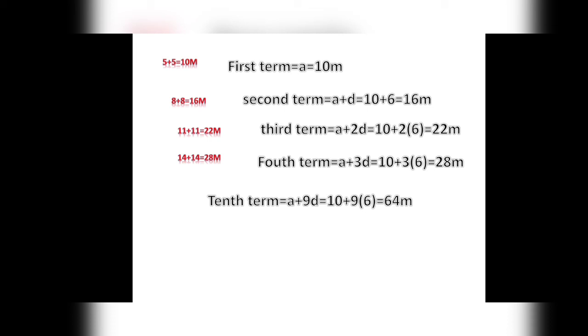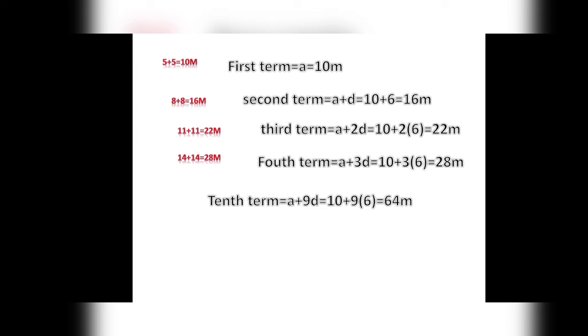So in this way, we came to the series of AP, which has the terms 10, 16, 22, 28, and so on. The 10th term is 64 with a common difference of 6.